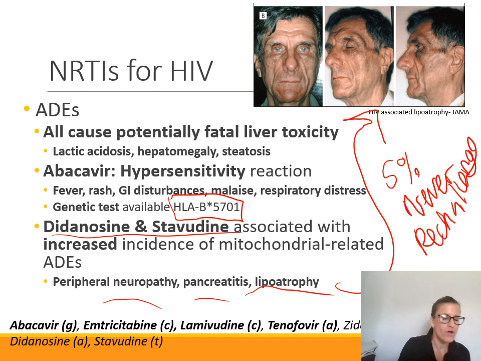They also have all of the other adverse drug effects. So there's still the renal toxicity, there's still the decrease in bone mineral density, but in addition to that, you see the neuropathy, pancreatitis, and atrophy of the adipose tissue.